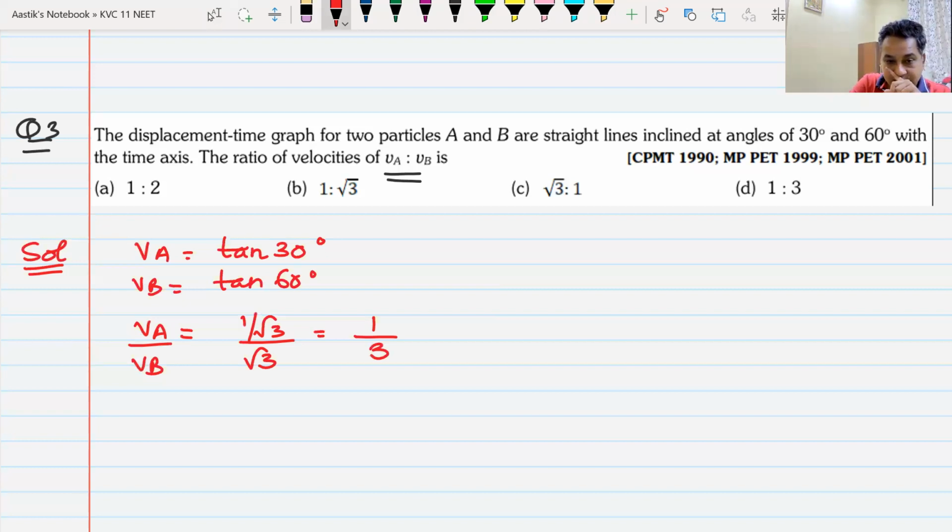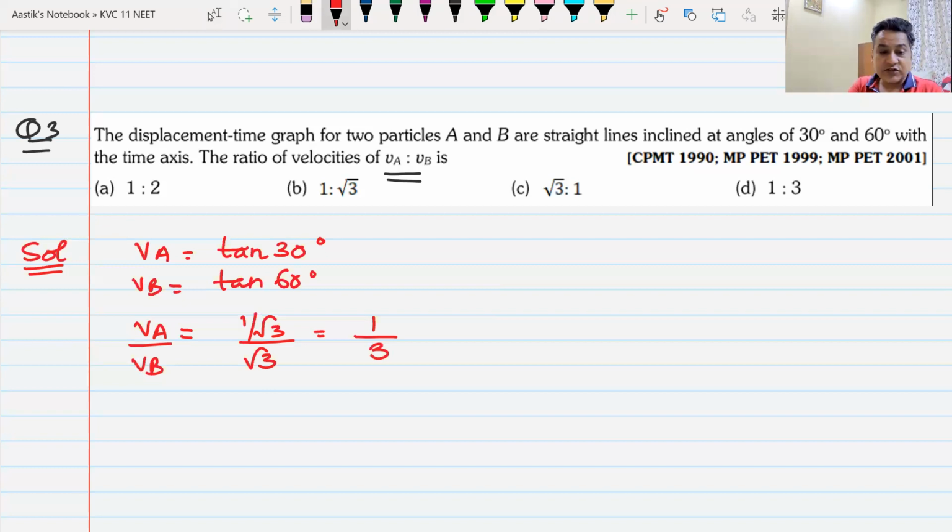If you do it carefully enough, you should be able to solve any question that comes on velocity. And remember, when this position time graph comes, they will only ask you what is the velocity. If you can tell them, well, you will score +4.